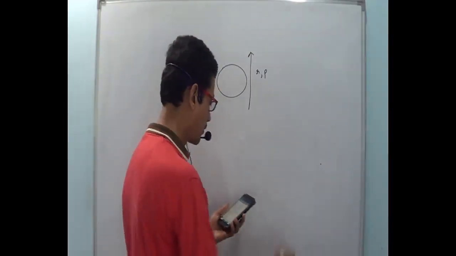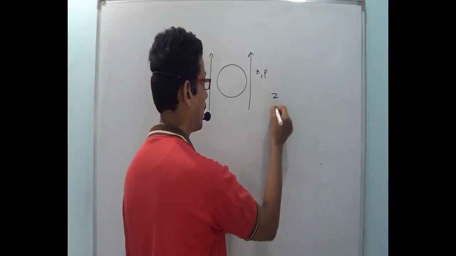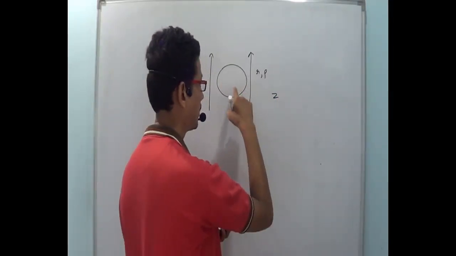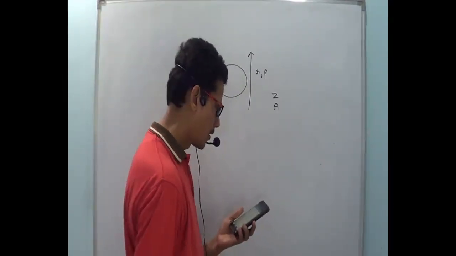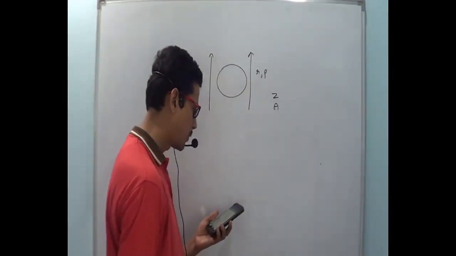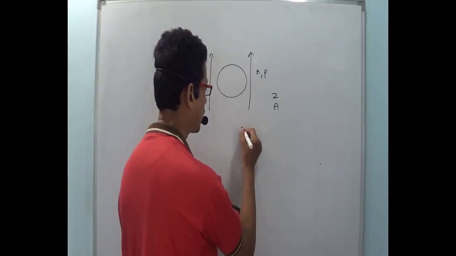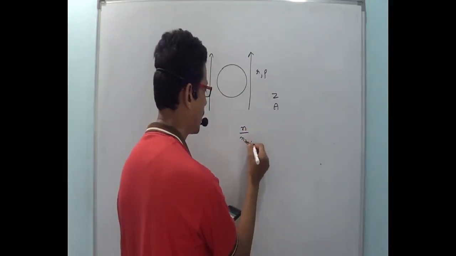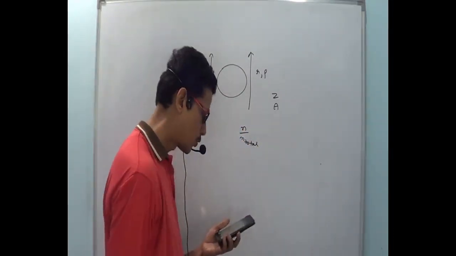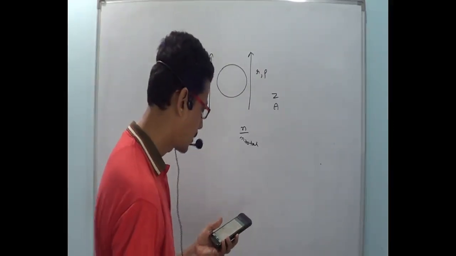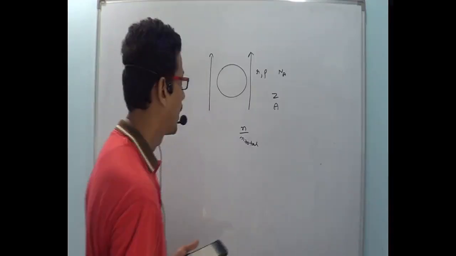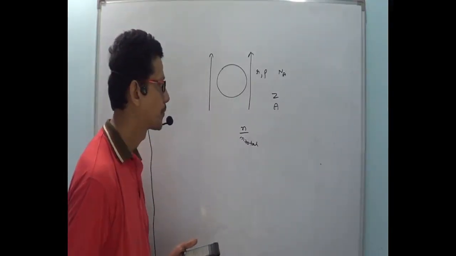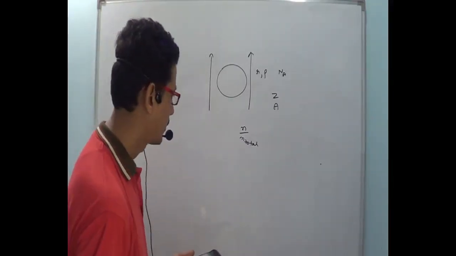Okay, if the atomic number of the element this sphere is made up of is Z and mass number is A, the fraction of electrons that should be removed, I have to find this. That should be removed so that the sphere is in equilibrium, and Na is the Avogadro number. Okay, this we have to find, right?